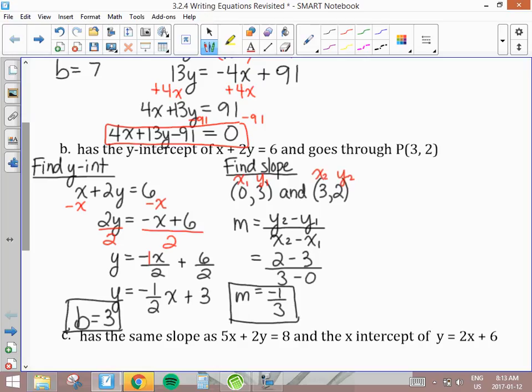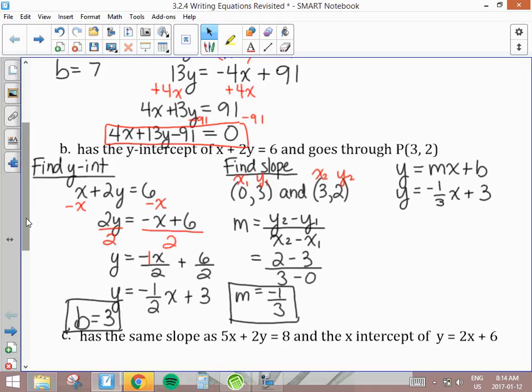Now that I have the slope and the y-intercept, I can find my line. So I'm going to start with y equals mx plus b and substitute in what I know. And I know to make it look like standard form, my first step is going to be to get rid of the fractions. So I have a denominator of 3.